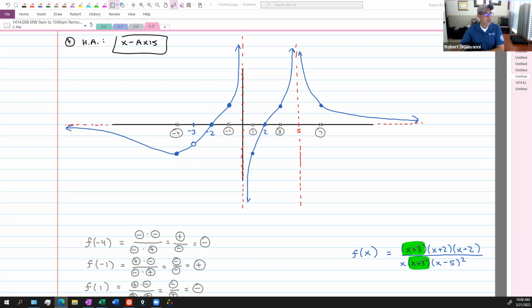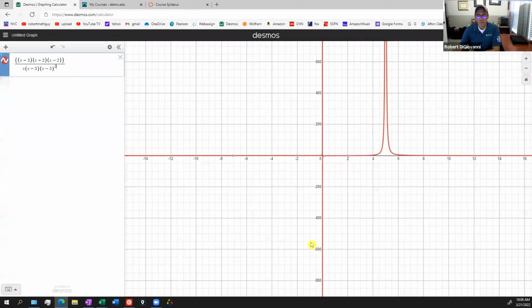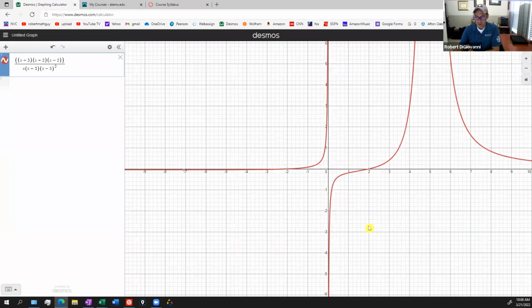Here's what the computer is going to show you. There it is. Let me go to a standard picture here. There's the standard picture from the computer right there.